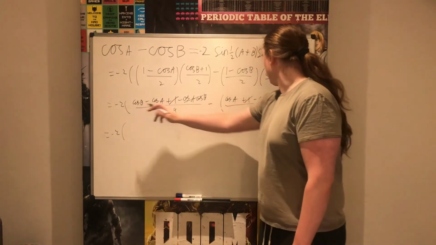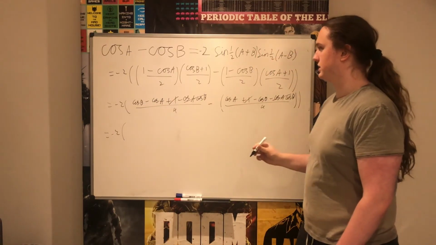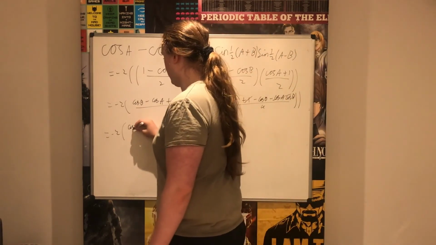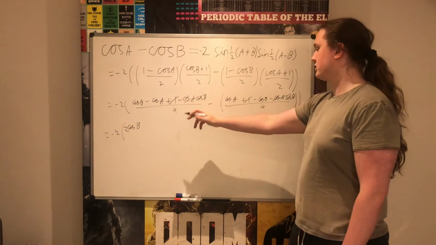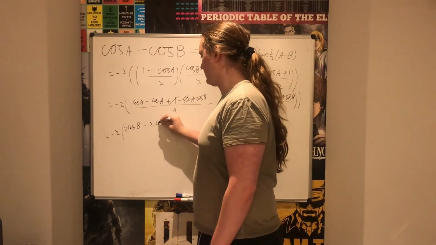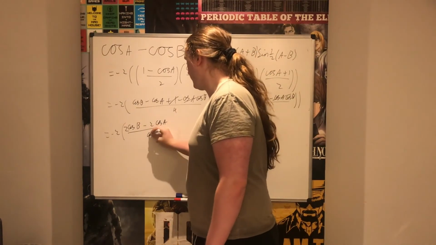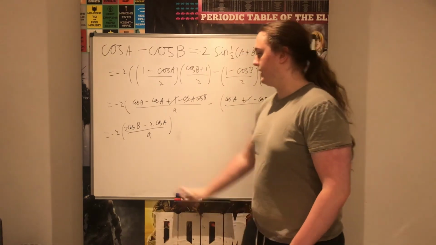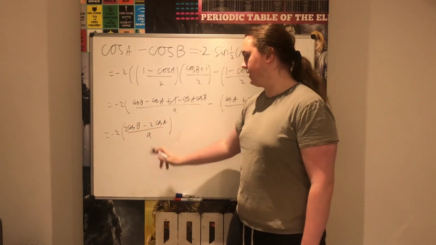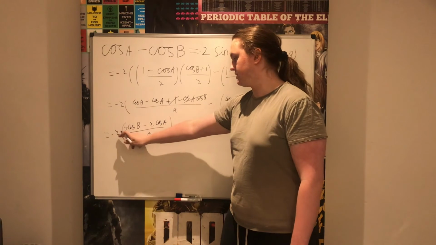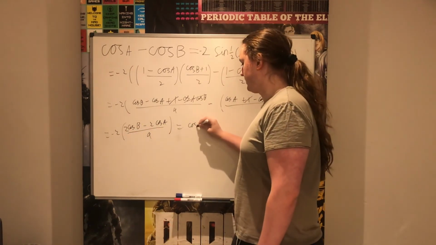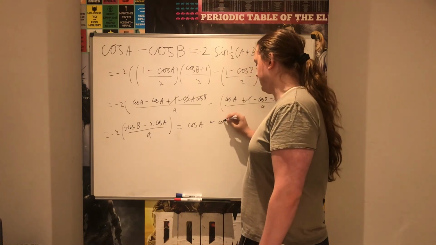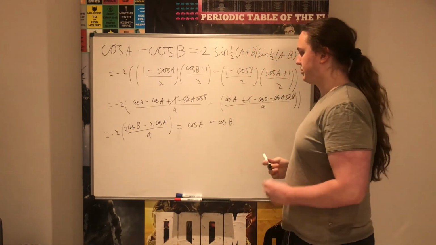When we have cos b minus minus cos b, we're going to get 2 cos b, and we have minus cos a is minus 2 cos a, and so this is all over 4. Now if we multiply this negative in, and we also times this inner fraction by 2 and then divide by 4, this will just give us cos a minus cos b. And so we prove that.